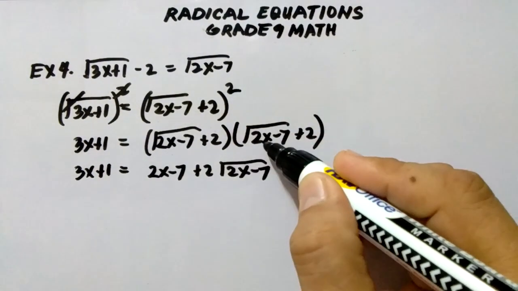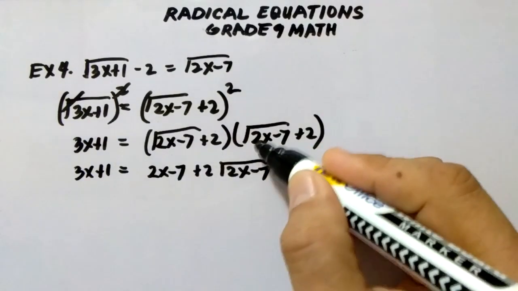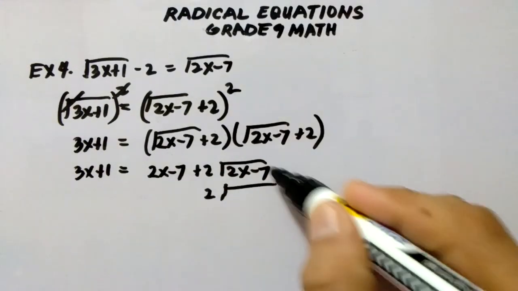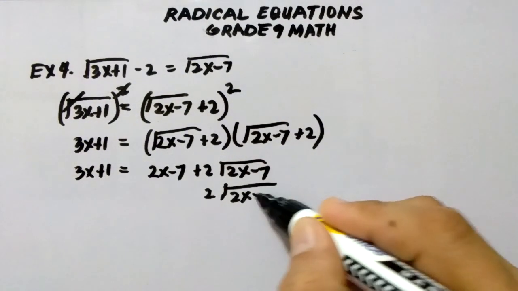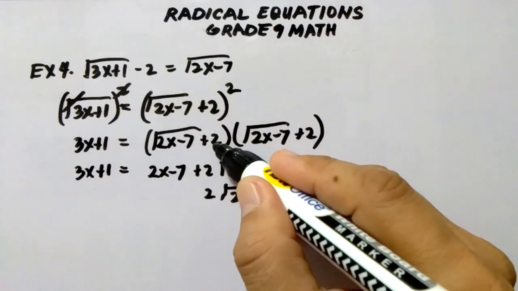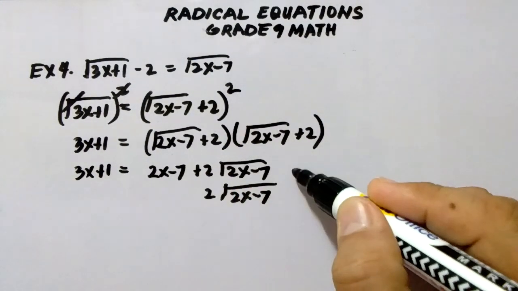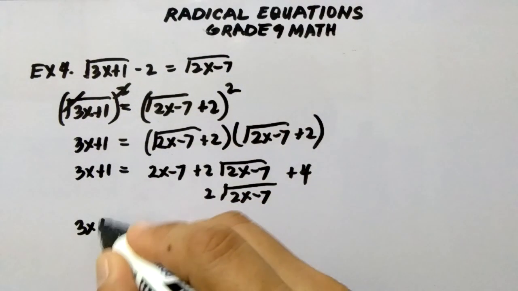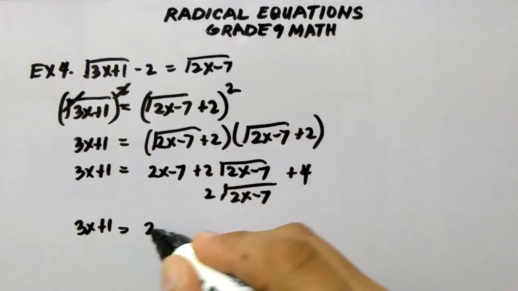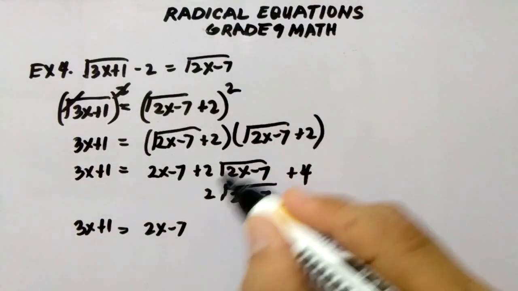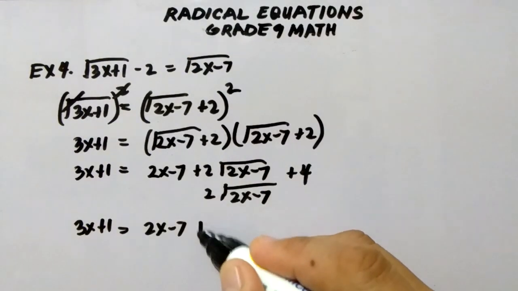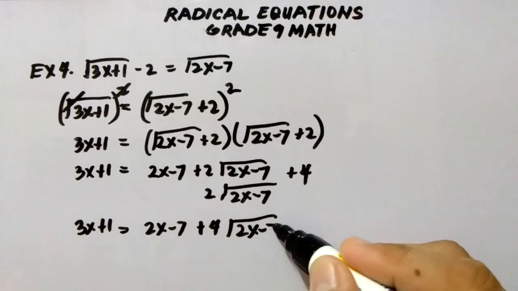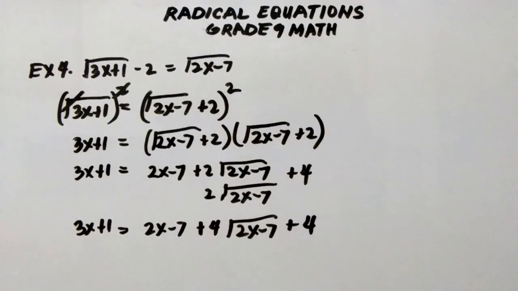Then, ito po, yung inner term. So, 2 times square root of 2x minus 7. Tapat na natin dito, dahil yan po yung like terms na pagsasamahin natin. Then, last term, 2 times 2. That is positive 4. Then, we have 3x plus 1 is equal to 2x minus 7. Then, combining like terms, 2 plus 2, that is 4 square root of 2x minus 7 plus 4.